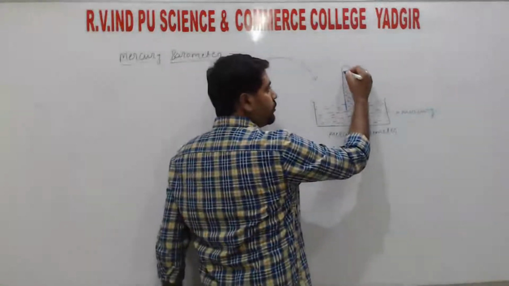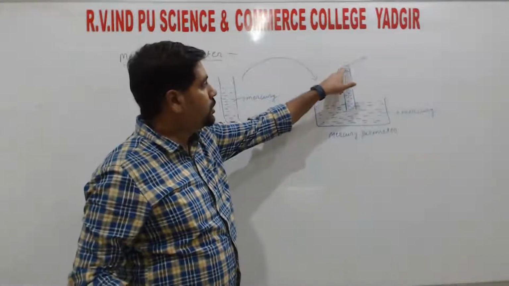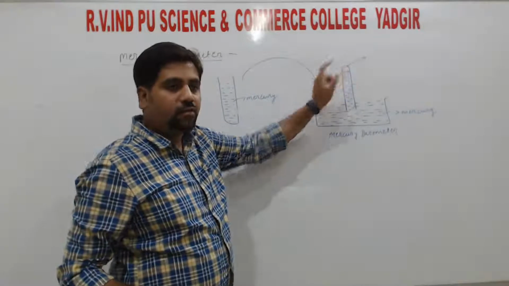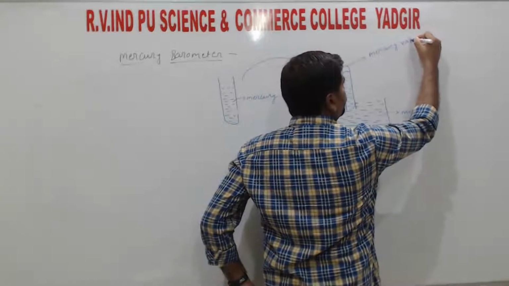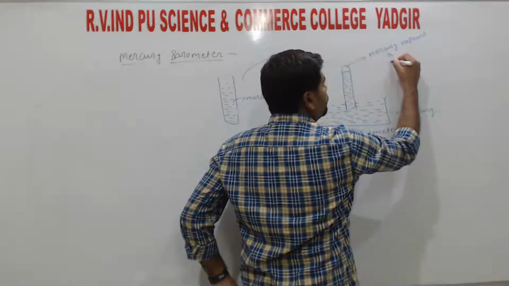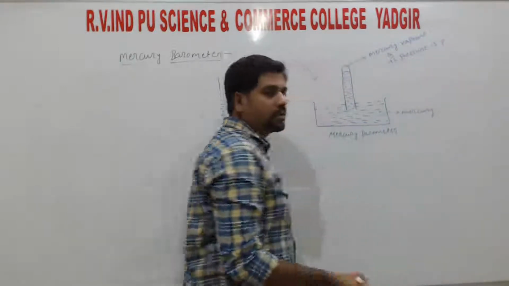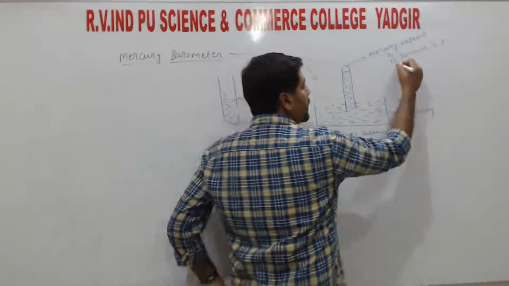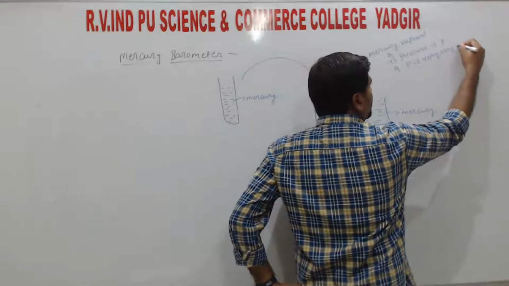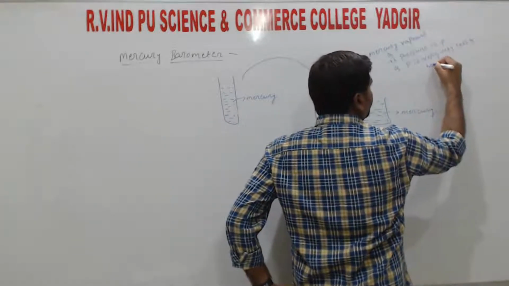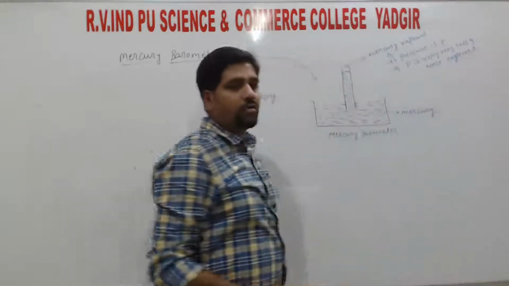The space present at the top of the tube is empty, so here it contains the mercury vapors, and its pressure is P. That pressure is very, very less, and hence it is neglected. We are neglecting it.